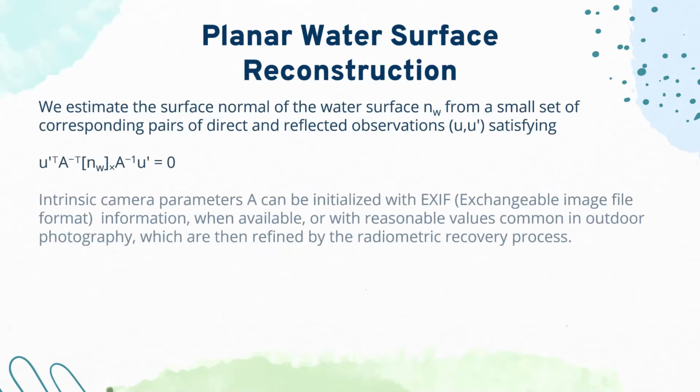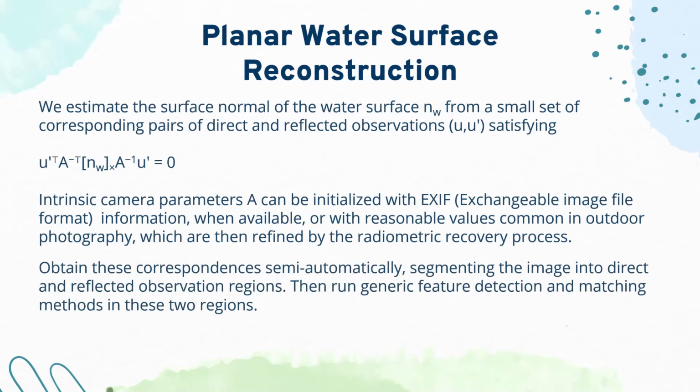For a calm water surface or a wavy water surface, we estimate the surface normal of the water surface NW from a small set of corresponding pairs of direct and reflected observations U derivative that satisfies the formula below, where A is the intrinsic parameter matrix of the camera and NWX is the skew symmetric matrix of NW.